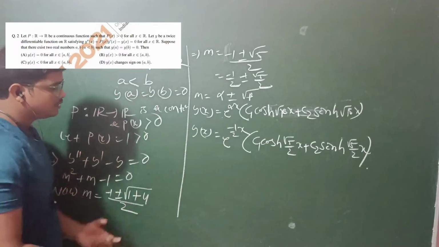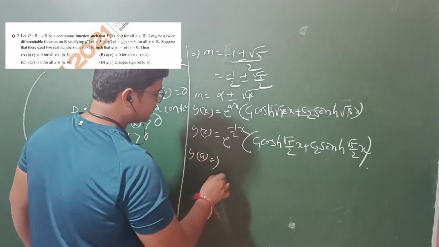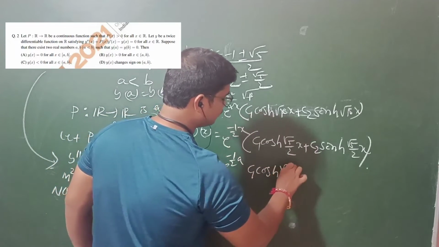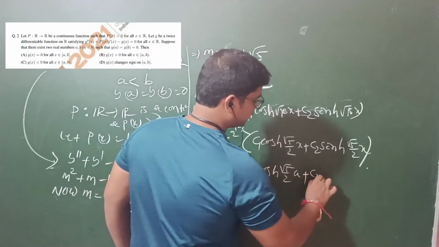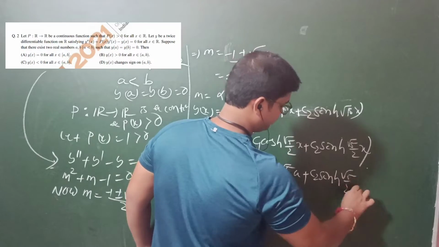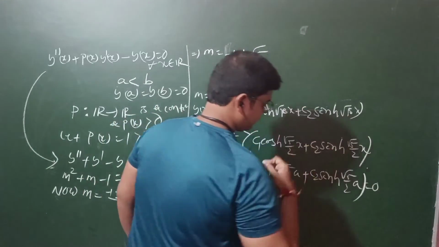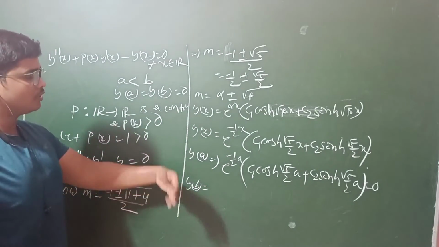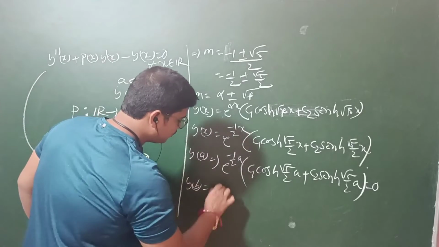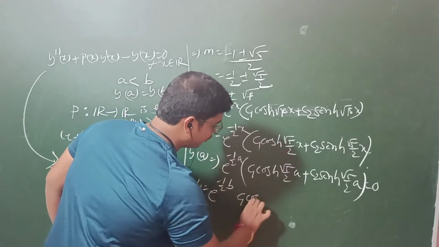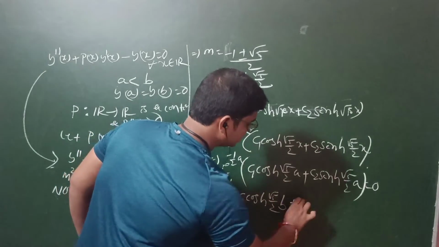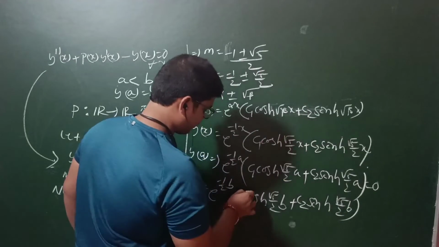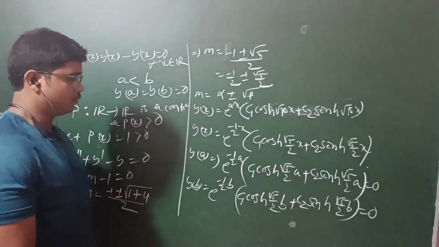Now the given boundary condition is y(a) = 0, which implies e^(-a/2) (c1 cosh(root 5/2 a) + c2 sinh(root 5/2 a)) = 0. And again y(b) is also 0, that means e^(-b/2) (c1 cosh(root 5/2 b) + c2 sinh(root 5/2 b)) = 0.